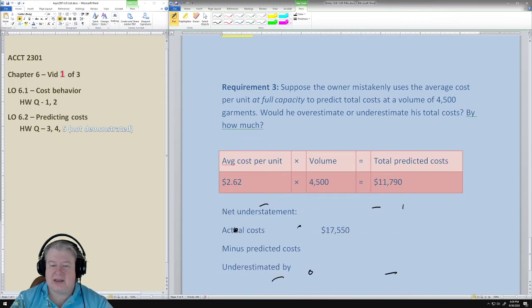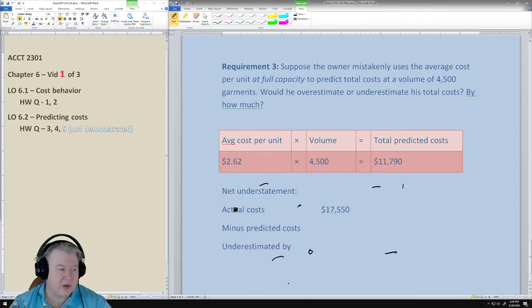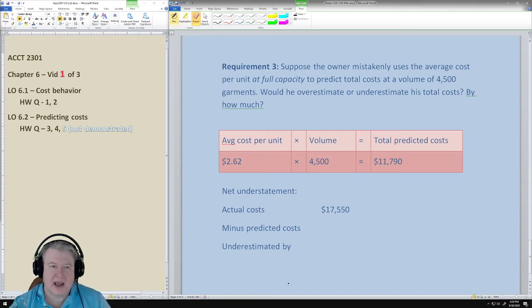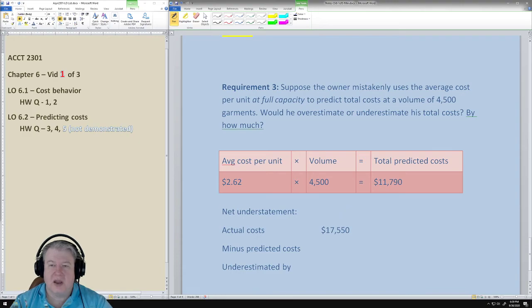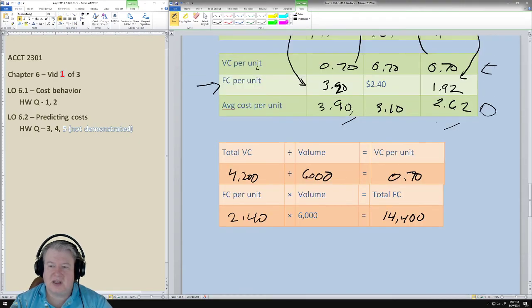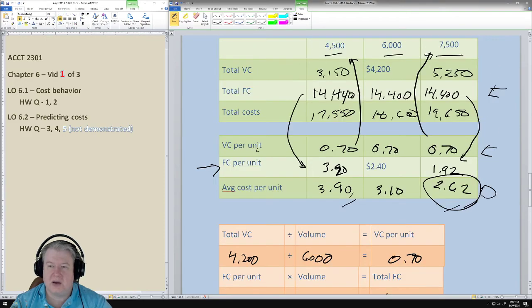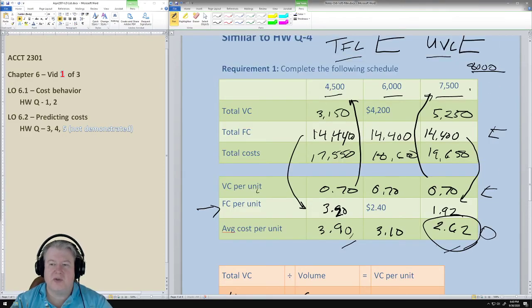So, and I don't know how useful this is, but we'll take a look at this. I think it's just cautionary, this last little bit. It's what happens if you use the wrong numbers? Well, you can see that if we use the wrong cost per unit on the wrong volume, we won't charge enough. In other words, this 262 is only correct for the volume of 7,500.